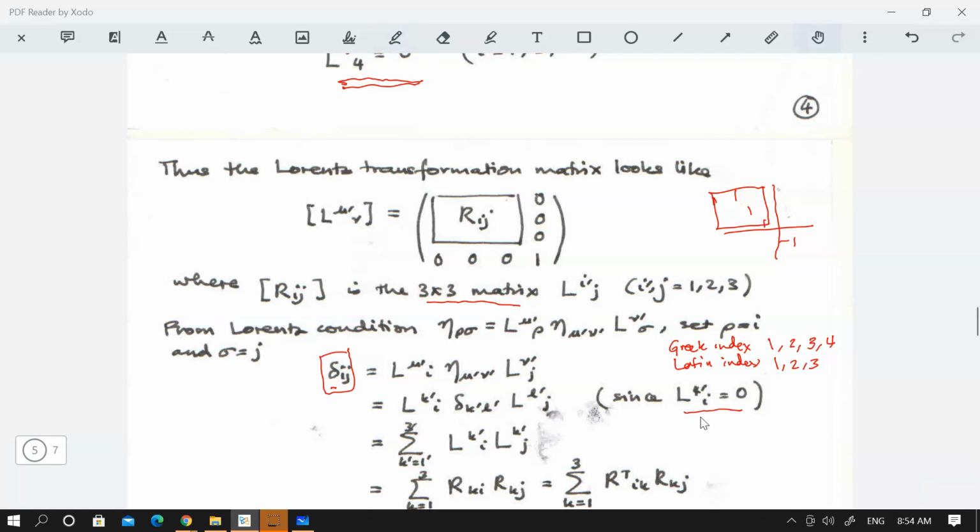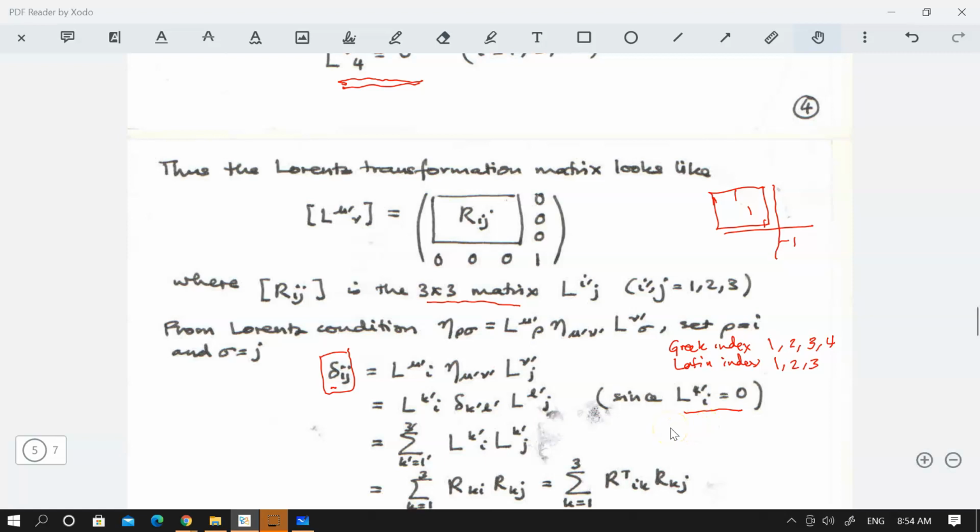So I can replace your mu dash by a Latin index. I'm going to replace it by k dash, because this is now summed. The other index will be l dash, and the same thing happens over here: your nu dash cannot be 4, so I will replace it by a Latin index.